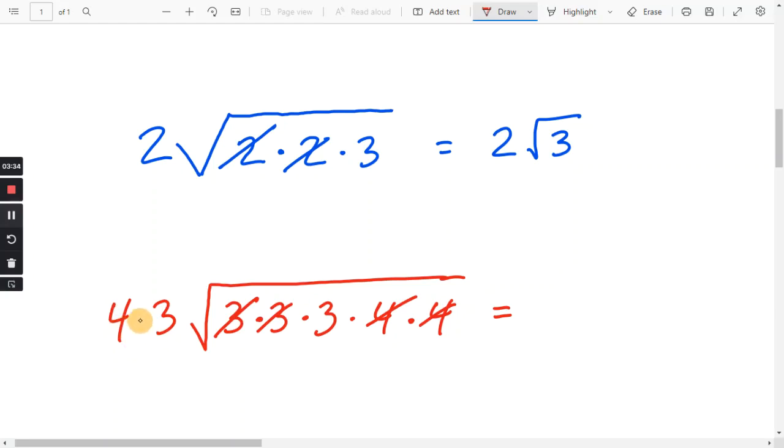Now these 2 numbers on the outside are going to be multiplied by each other. So you would do 4 times 3 and get 12, and underneath the square root there is still a 3 remaining. So if you bring more than one number outside of the square root, those numbers are going to be multiplied outside of the square root.